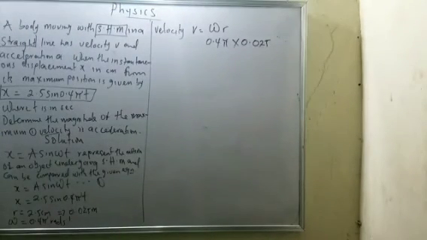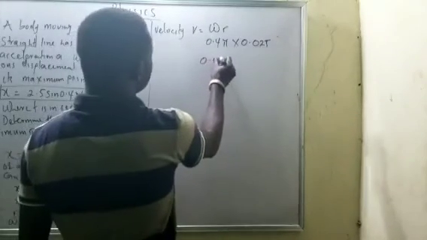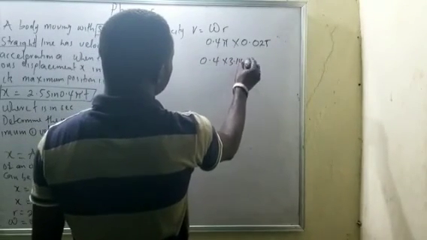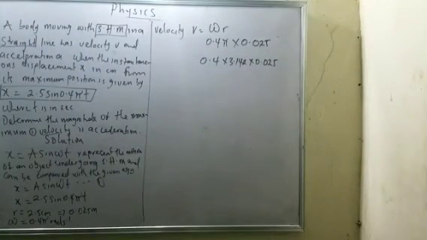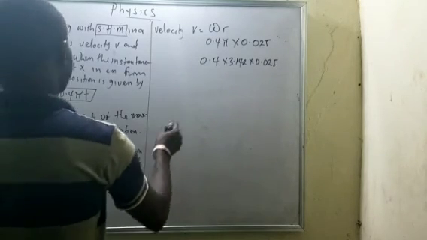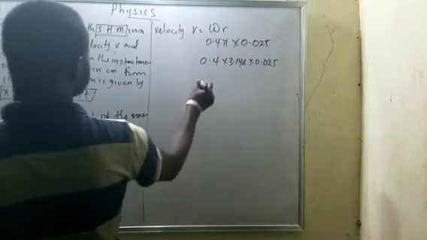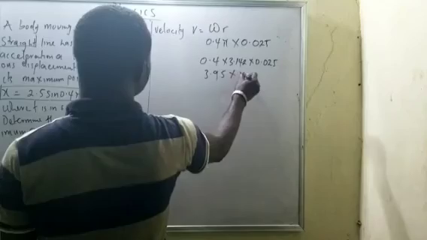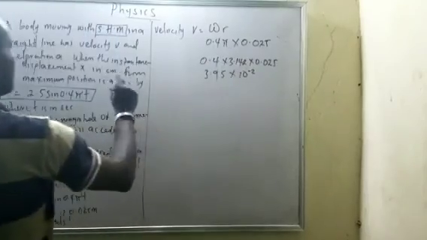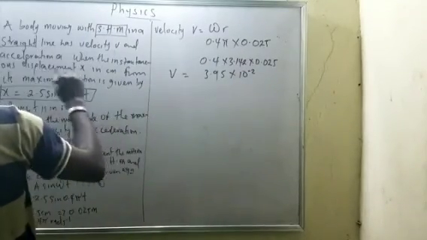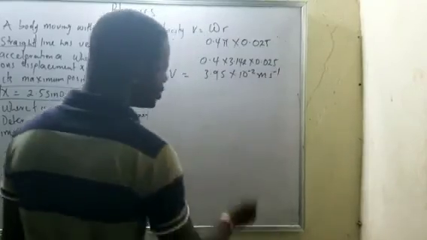With a calculator allowed, you can use the value of pi, 0.4 multiplied by 3.142 multiplied by 0.025. With the help of a calculator I can take everything to standard form, which is 3.95 multiplied by 10 raised to power minus 2 meter per second. Make sure you put your unit.